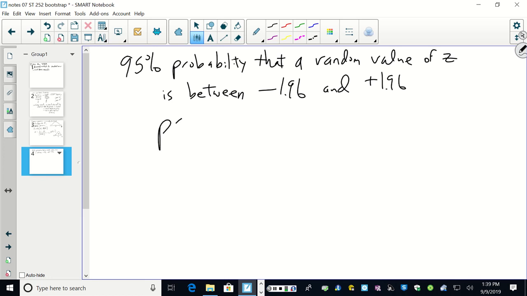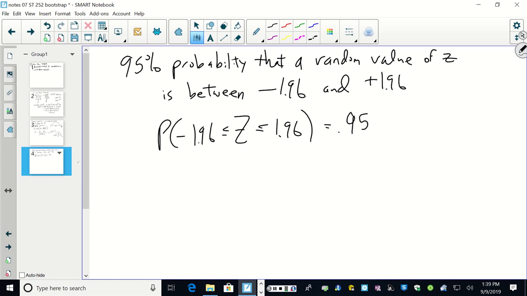So the probability that negative 1.96 is less than or equal to our standard normal random variable, which is less than or equal to 1.96, is 95%. And you could choose those cutoffs to be 90%, 98%, 99%, whatever you want. The higher probability is going to make wider intervals, and we'll make them symmetric.